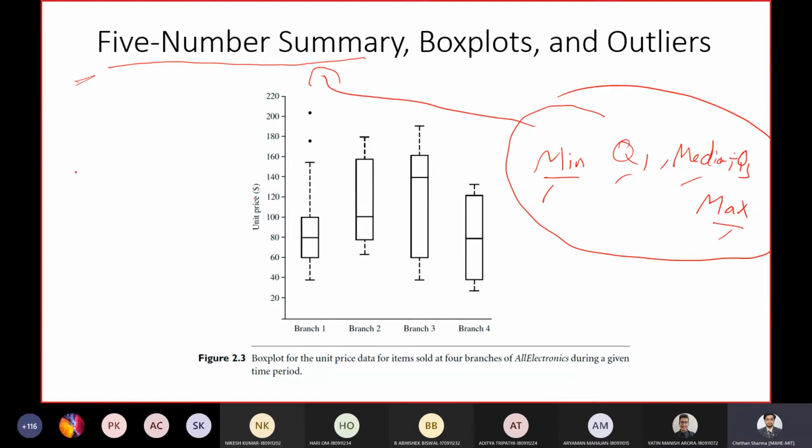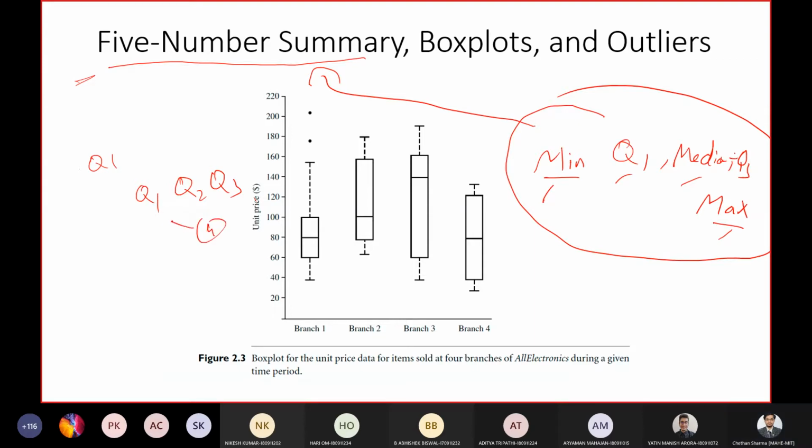If you are asked to write what is Q1, you know how to do that. You have to calculate the 25th percentile. Q2, that is the 50th percentile. Q3, you know how to calculate the 75th percentile. You have to divide the data into 4 equal parts.